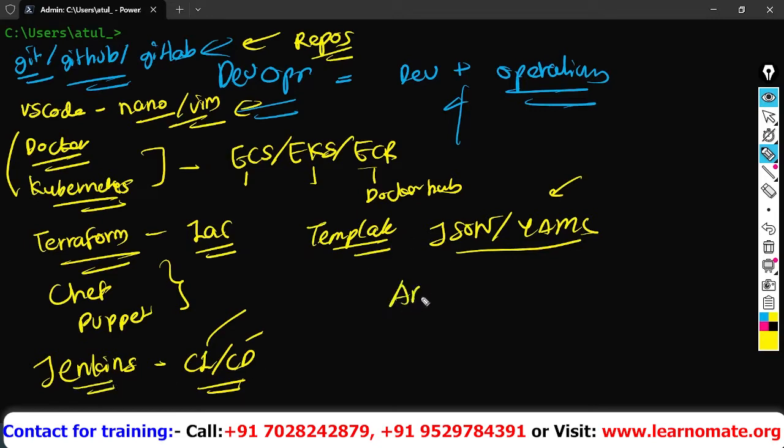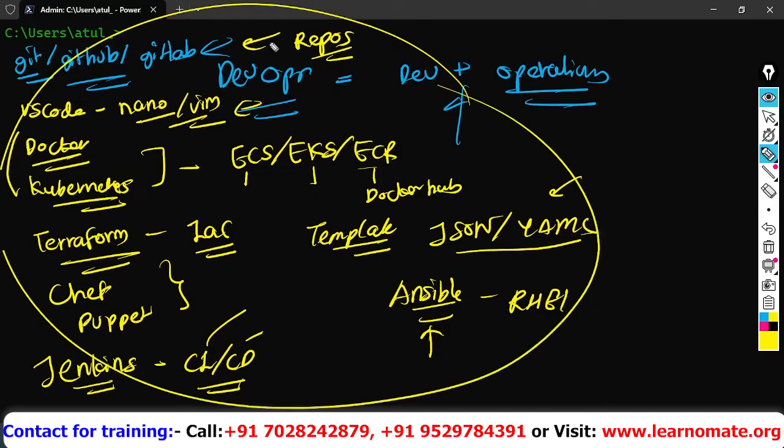Then we have a tool called Ansible, which is from Red Hat, where you can manage multiple hosts at the same time. You can connect with multiple machines and fire commands, and that change will be implemented on all machines at the same time. Okay, so these are the possible tools we will cover in our course.